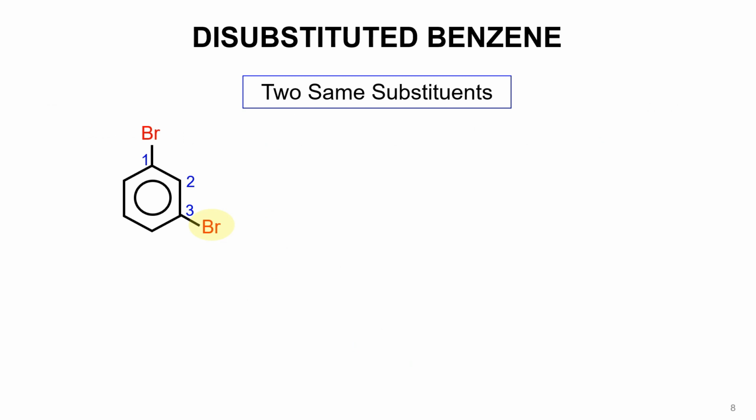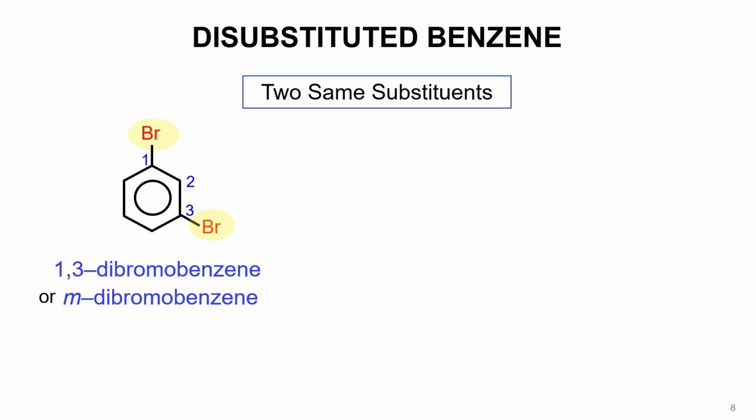Start with di-substituted benzene for two same substituents. Example 1: bromine attached to carbon 1 and carbon 3 is named 1,3-dibromobenzene, or we can replace the number by the prefix, meta-dibromobenzene.